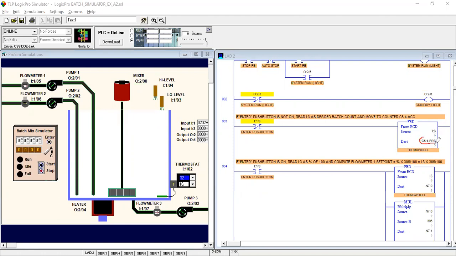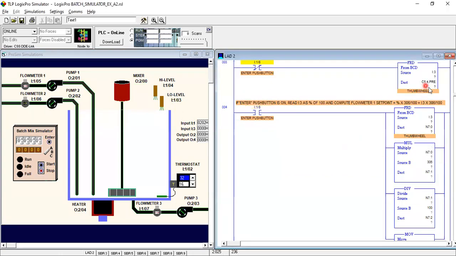So this is the counter value, preset value. It totally depends on our input 3, which you have to enter in this parameter. This is our source value, this is our destination value. This is our thumb wheel.